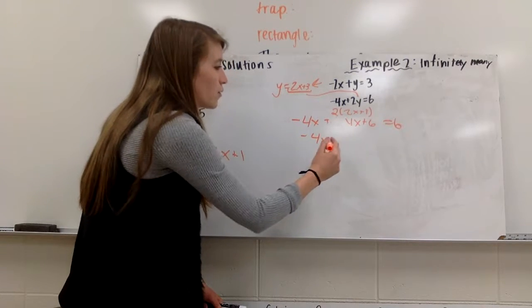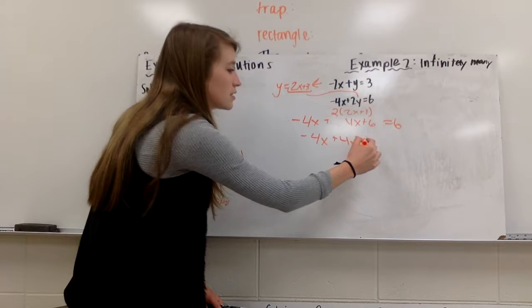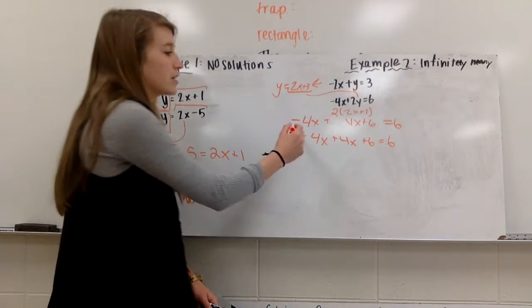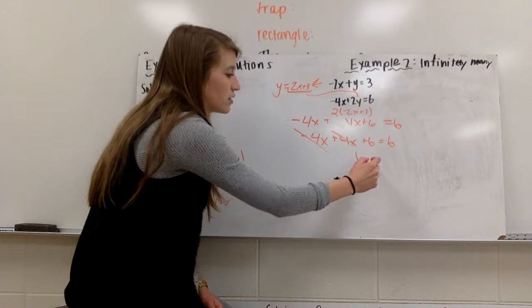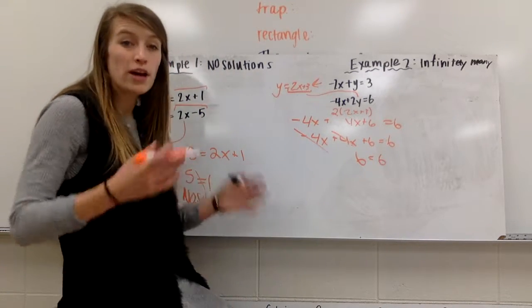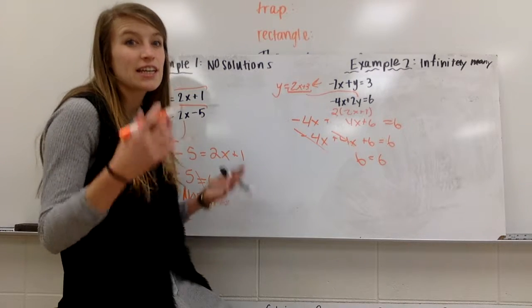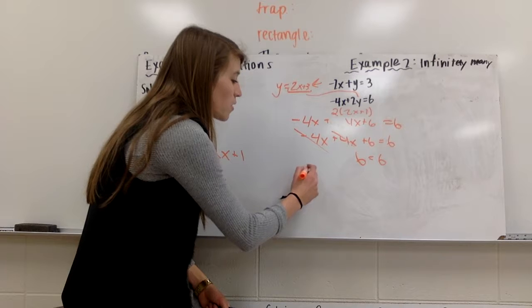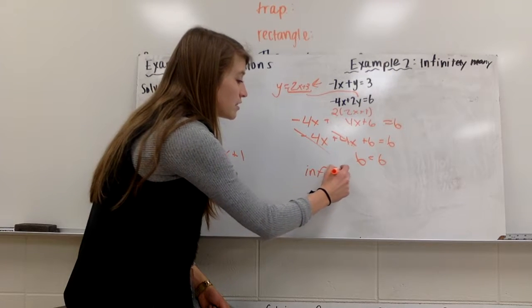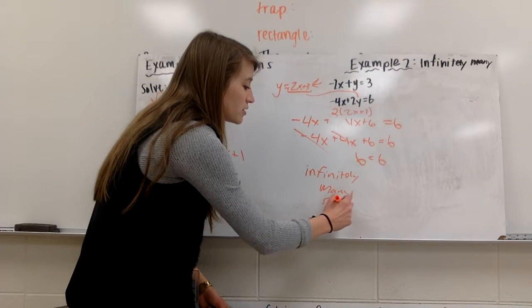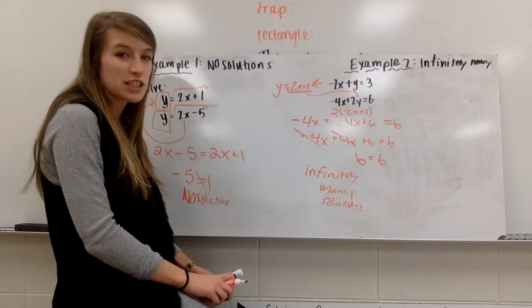So I've got negative 4x plus 4x plus 6 is equal to 6. These two cancel out, so you're left with 6 is equal to 6. What that means is no matter what I substitute in for x, it is a solution to this system. Therefore, I have infinitely many solutions because all the solutions are possible here.